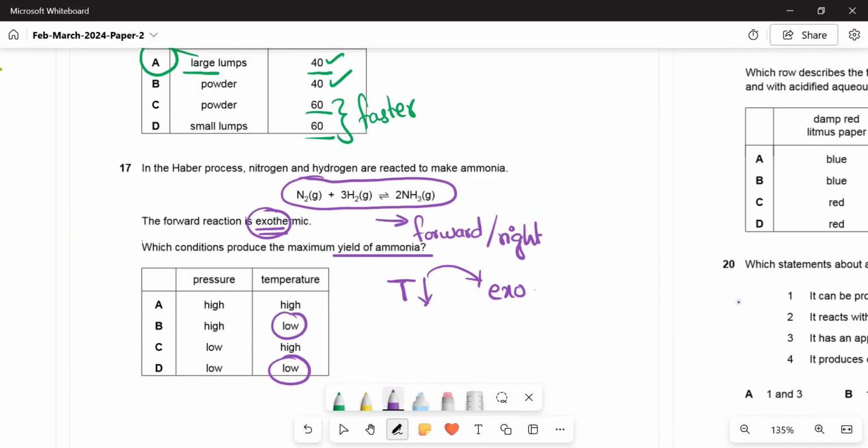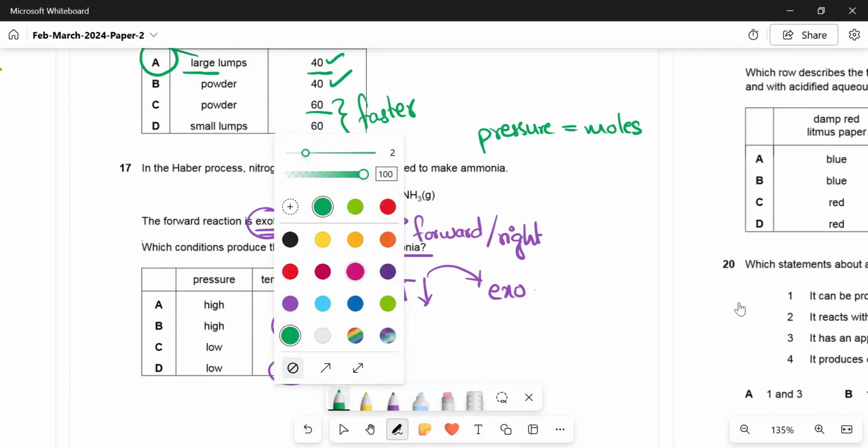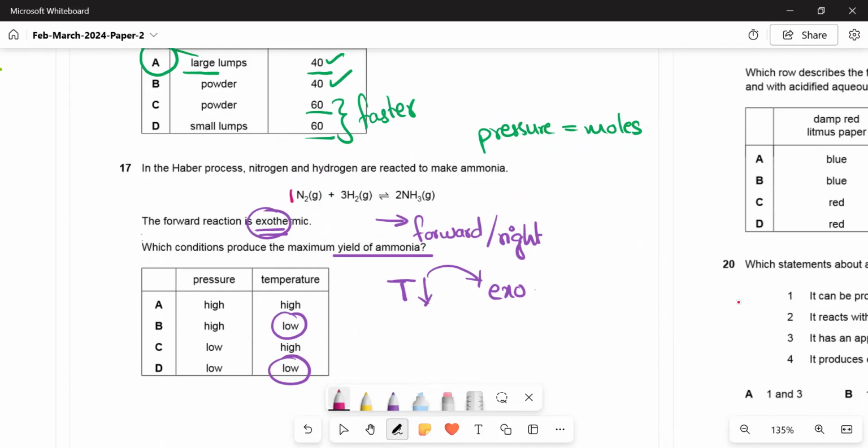And what about the pressure? The pressure is related to the number of moles. So we'll see how many moles are present on each side. On the reactant side, we have a total of 4 moles. And on the product side, we have a total of 2 moles. So we want the system to move towards the side with fewer moles.